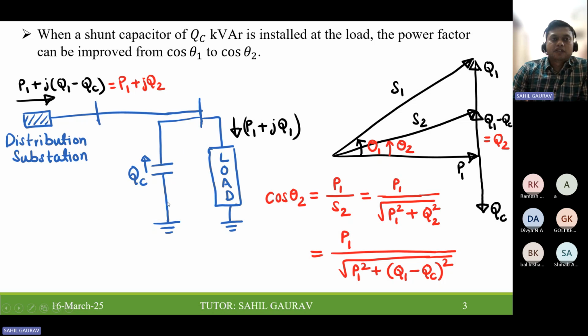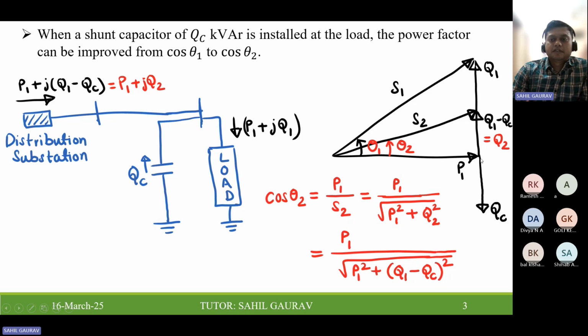So here we have installed a shunt capacitor at the load end, and you can see how the power factor is improved from cos theta 1 to cos theta 2. So you are minimizing the power factor angle, and if you minimize the power factor angle, that means the power factor also improves.